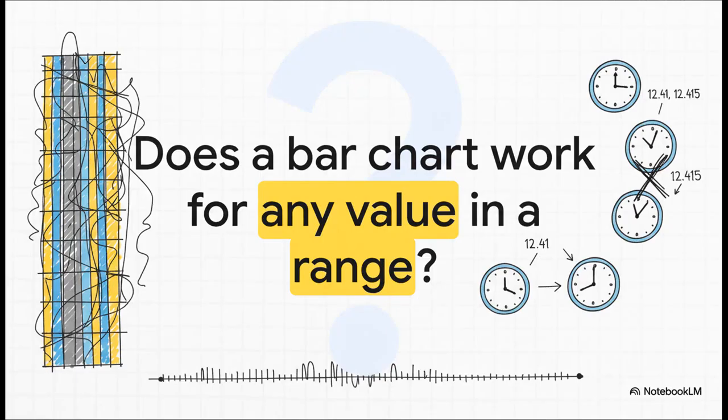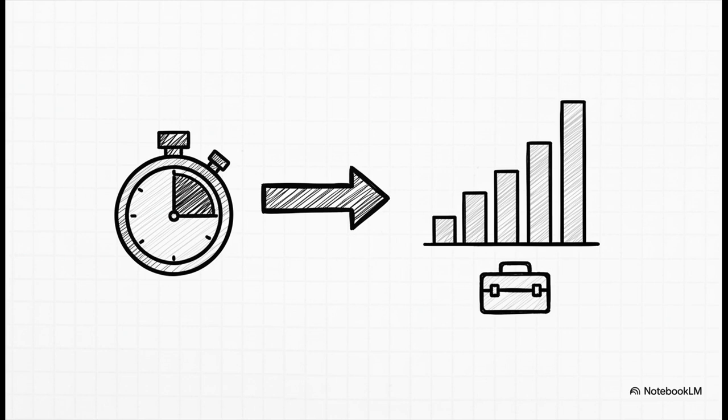But now, what happens if we try to force our quiz times into a bar chart? I mean, are we supposed to make a tiny little bar for 12.4 minutes and then another one for 12.41, and another for 12.415? Oh man, it would be a complete and total mess. It just doesn't work. And that gets us to the most important takeaway of all. The type of variable you have literally determines the tools you can use to analyze it.